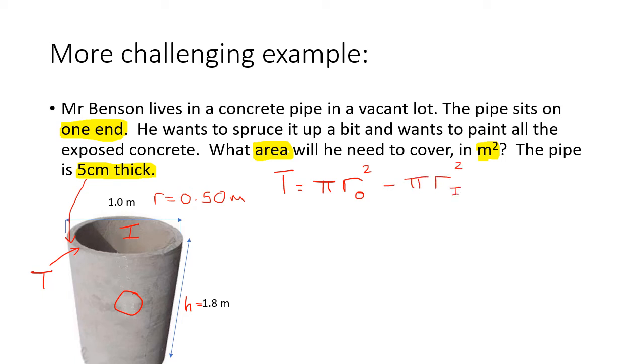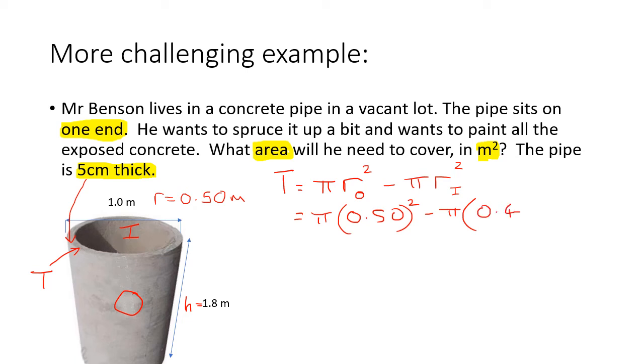And so I'm just going to work through this question one shape at a time. You could do it all in one big expression if you wanted, and you'll still end up with the same result. So in this case, pi, now my outside radius is 0.5 meters squared minus, now because the thickness is 5 centimeters, you've got to be careful with your units here.